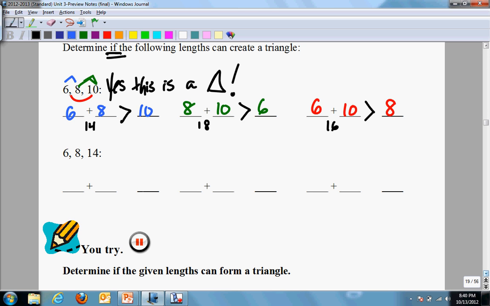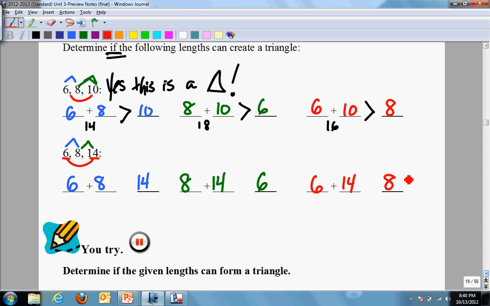Let's check this one. Again, monkey face, eyebrow, eyebrow, smiley. 6 and 8. Put your third, 14, over here. 8, 14, leftover 6. 6, 14, leftover 8.